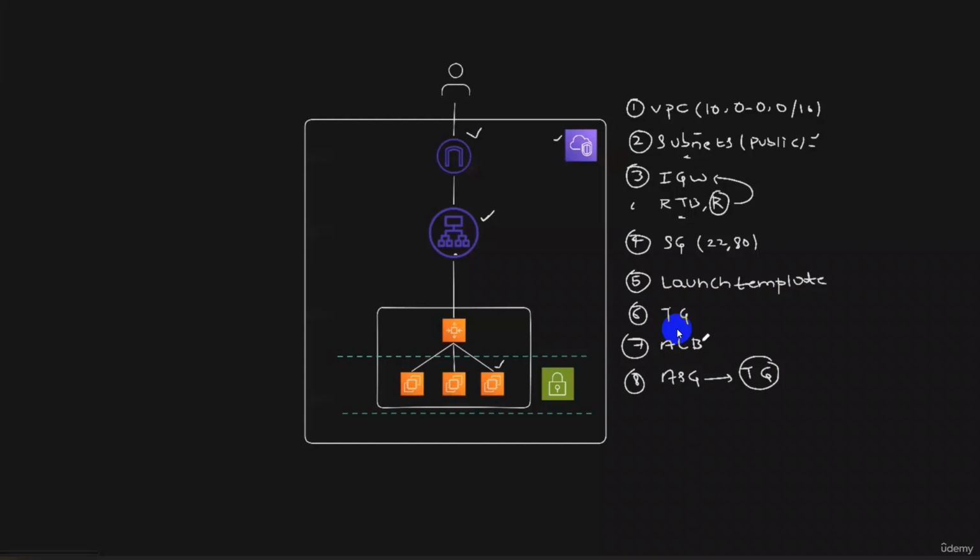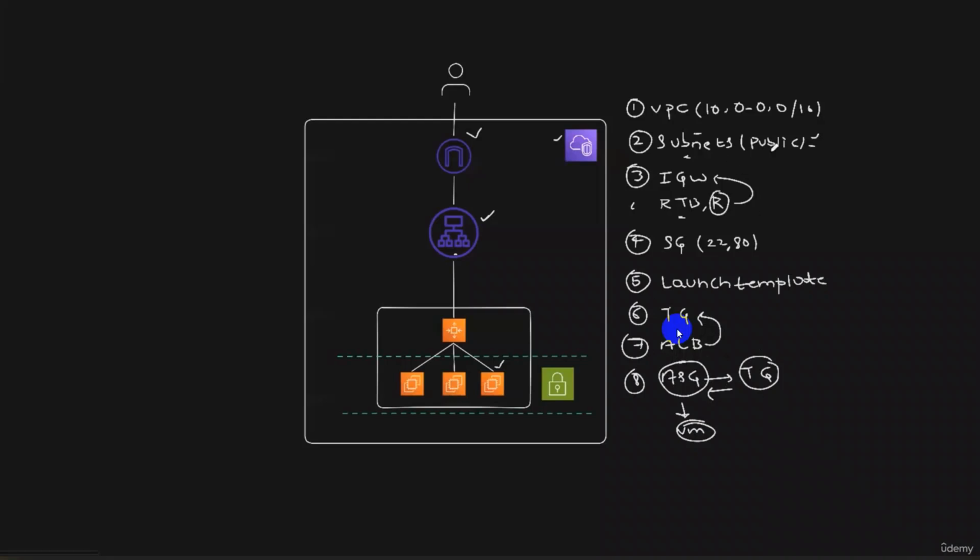That way, load balancer will forward the request to the target group, and target group, because it is associated with auto scaling group, request will be forwarded to the virtual machines created by the auto scaling group. So this is the flow of the steps that we are going to follow.